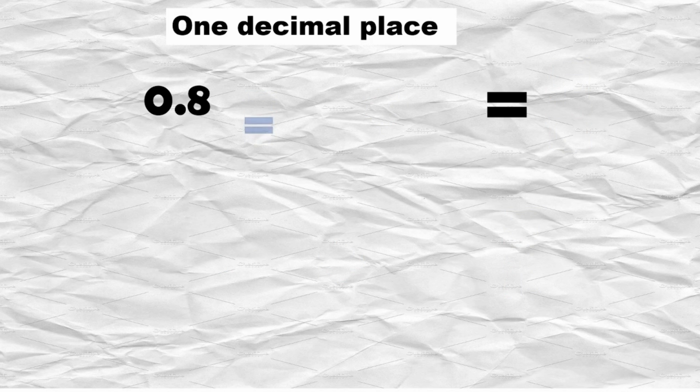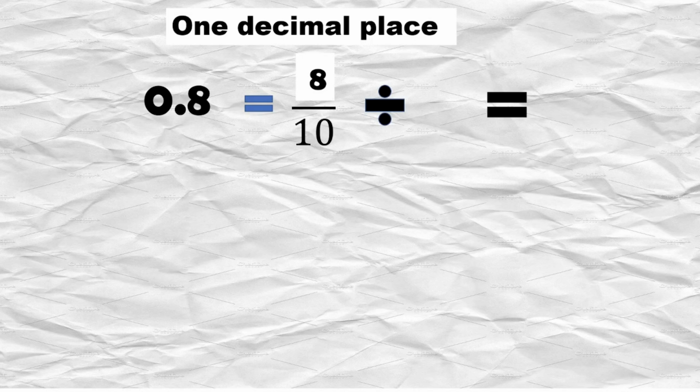Next, 0.8 is equal to 8 over 10, right? So, 8 over 10. Pwede pa ba siyang i-lowest term? Think a number na pwede mo siyang i-divide kay 8 at pwede mong i-divide kay 10. Okay.